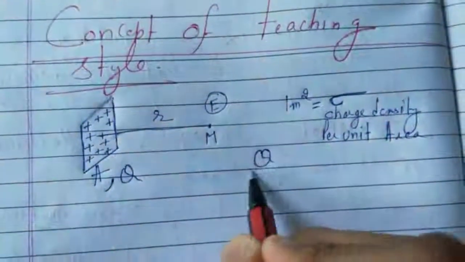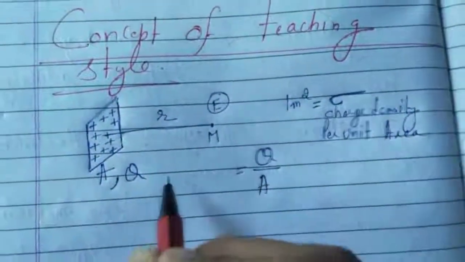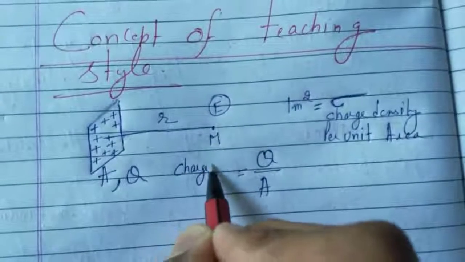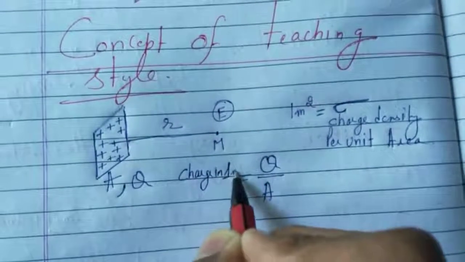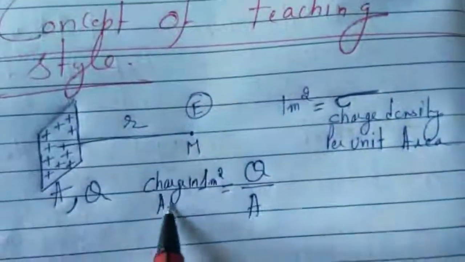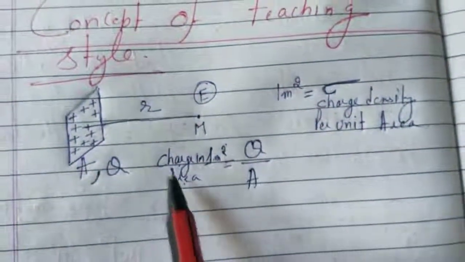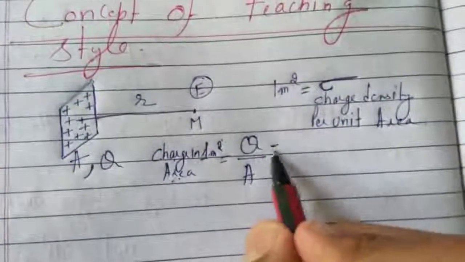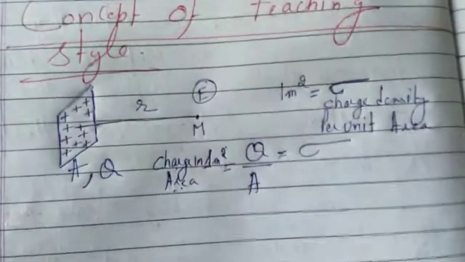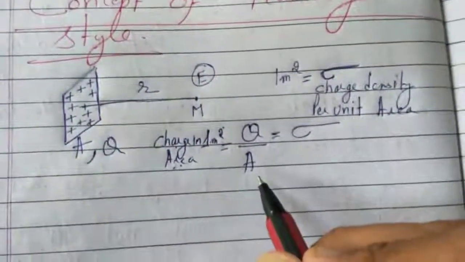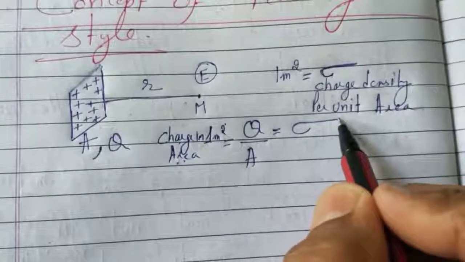divide the total charge by the total area, and you will get the charge in 1 meter square of area. We have supposed it as sigma. So when the total charge is divided by the total area, we get the charge in unit area.